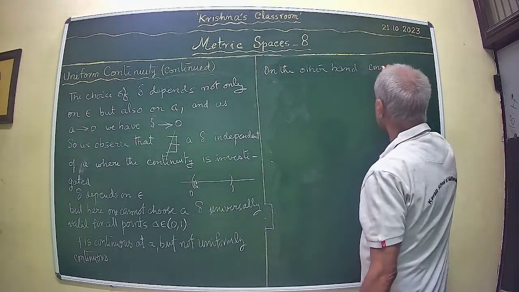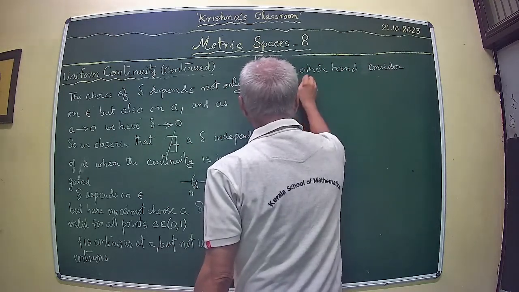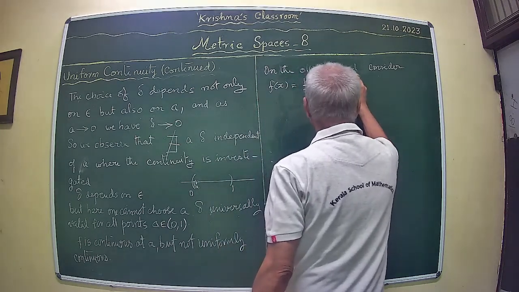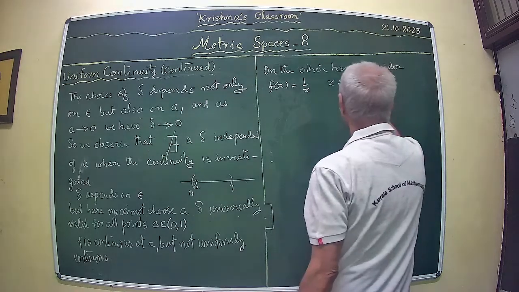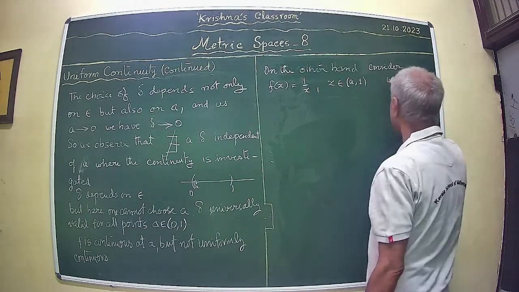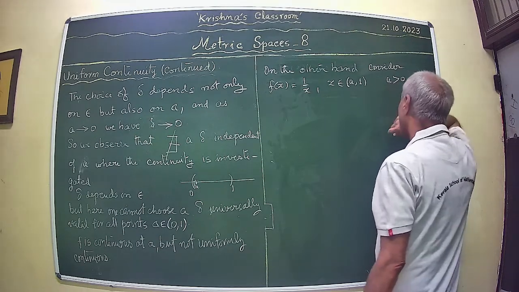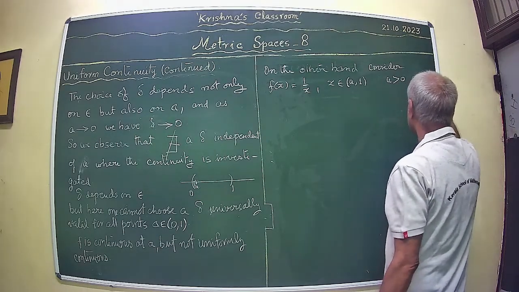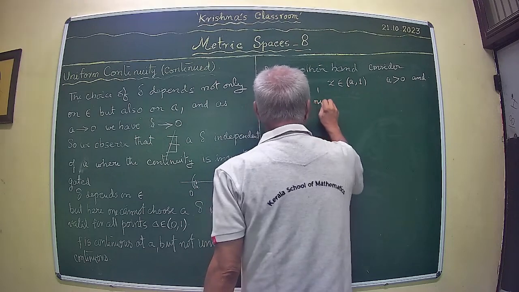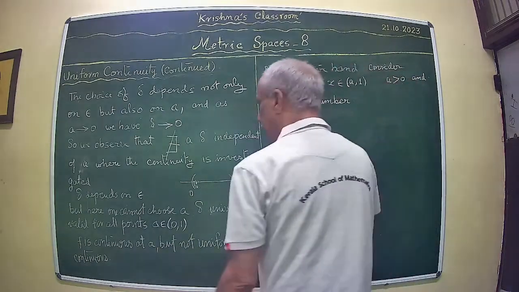On the other hand, see this one, the same problem. Consider f(x) equal to 1 by x for x belonging to the interval (a, 1), where a is strictly positive and given. Then what happens? Once again you go through the analysis.